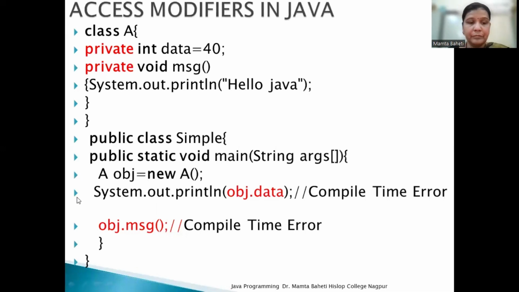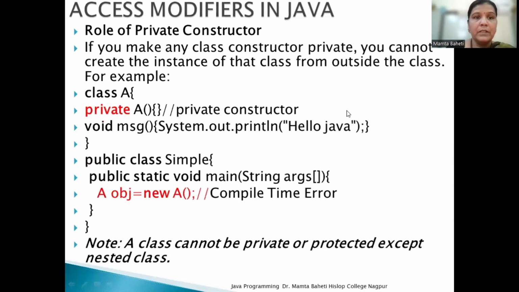Here, when the object OBJ is used for accessing data member data or method MSG, we get a compile time error because these two are private. Likewise, you can restrict the scope. If a constructor is private, it also cannot be used beyond the scope of that class.